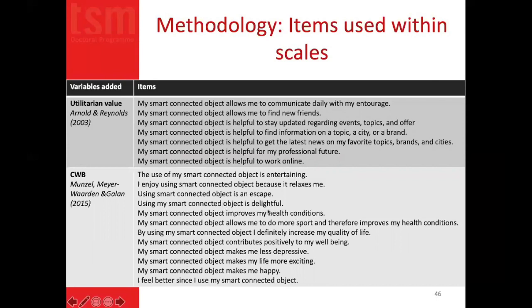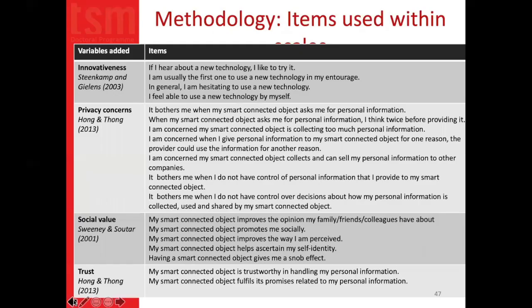It improves my health conditions. It improves my quality of life, well-being. It makes me less depressed, so the psychological well-being. It makes life more exciting, makes me happier, so the affective well-being, and I feel better, so the physical well-being. We used a scale which we developed for our two articles published in 2015, and we used it also in this study. Sorry, it was too quick.